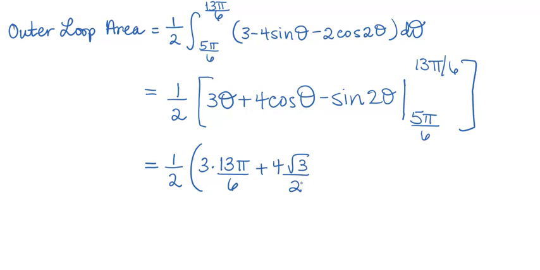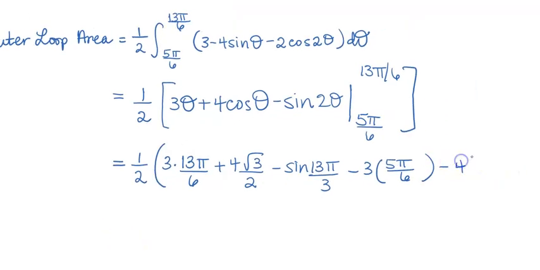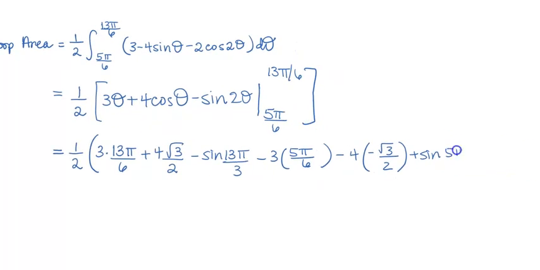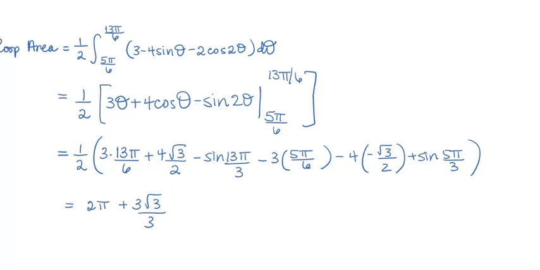I went ahead and evaluated cosine. Now I'm plugging in my lower limit of 5 pi over 6. I'm going to go ahead and evaluate cosine at 5 pi over 6 again. It is a negative root 3 over 2. When I take 5 pi over 6 and multiply it by 2, we have 5 pi over 3. And all of this simplifies down to 2 pi plus 3 root 3 over 2.